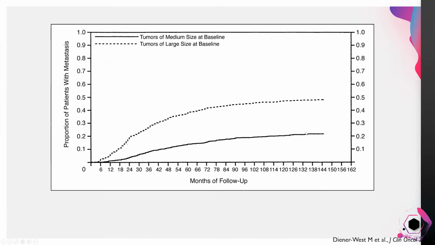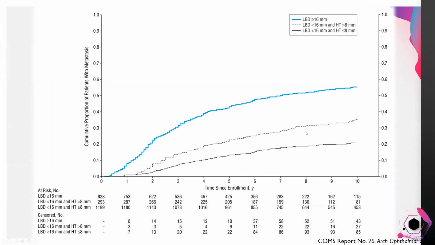Medium tumors fare better. Just recapitulated here, if you look at actual longest basal dimension cut points, here it is greater than or equal to 16 millimeters, essentially a fairly large size tumor. In blue here, you can see the hashed line is a less than 16 millimeter tumor, but a height greater than 8 millimeters.